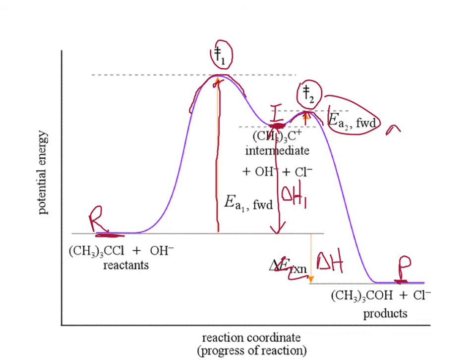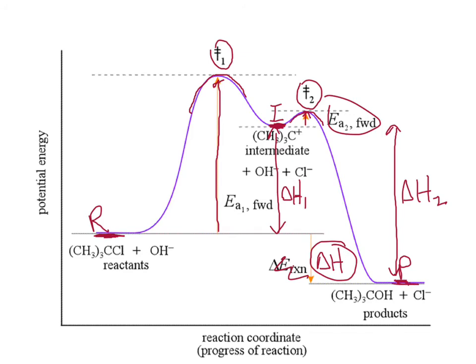So step 2 would have this delta H. That would be delta H2, and delta H2 is exothermic. If we add delta H1 to delta H2, we get this, which is the delta H overall. Okay, it's the difference between the original reactants and the final products.